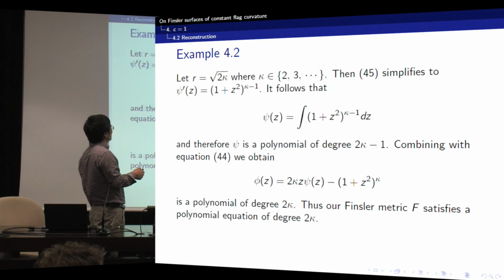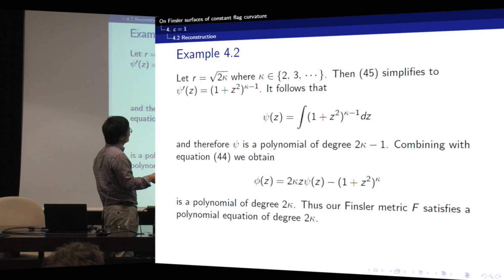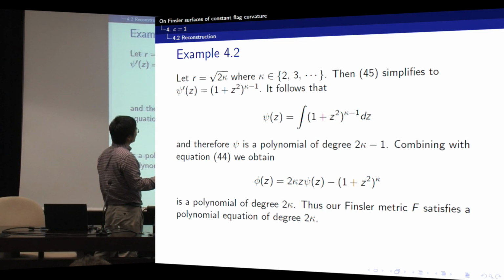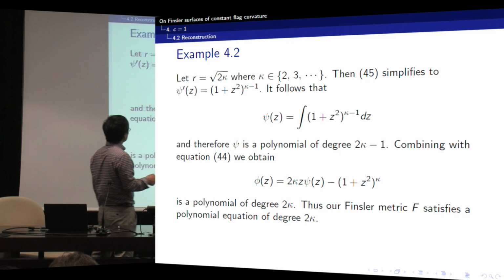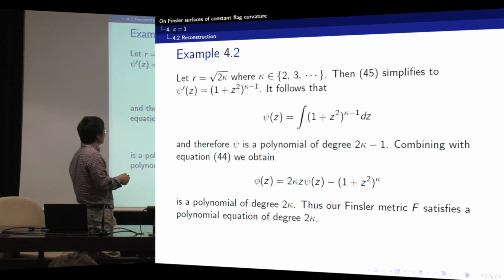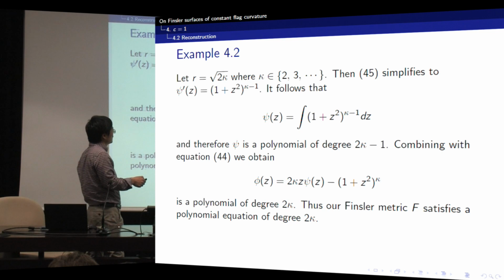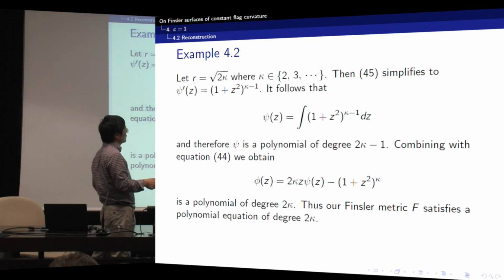It follows that ψ(z) = ∫(1 + z²)^(κ−1) dz, and therefore ψ is a polynomial of degree 2κ−1.